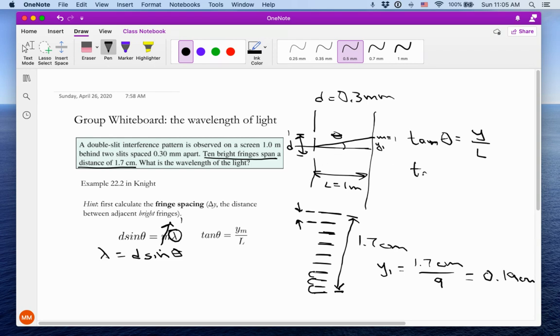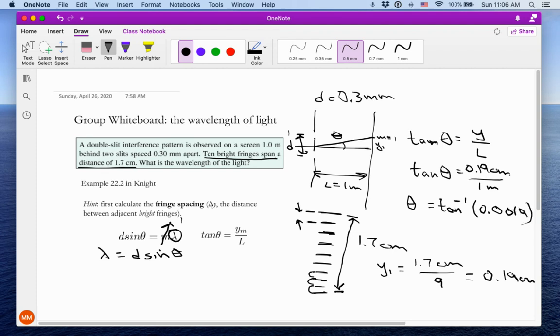So I know tan theta is equal to y, which is 0.19 centimeters, over 1 meter, and then theta is equal to tan inverse of that. And when I do this, this is actually 0.0019, right?